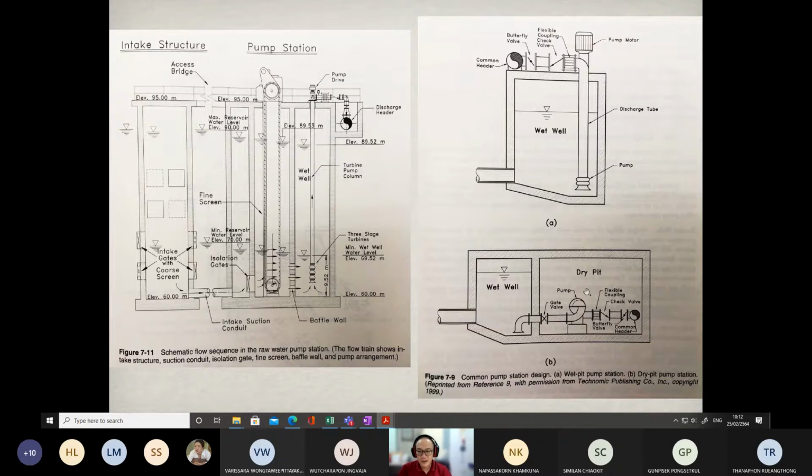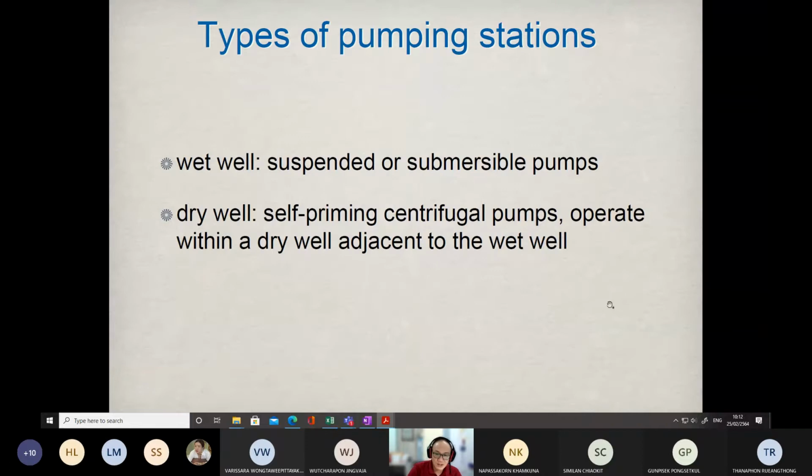But for the dry well, the pump is just located next to the tank like this. So we withdraw the water from this wet well tank, and then supply this water to coagulation, flocculation and so on. So these are the wet pit and dry pit pumping stations.